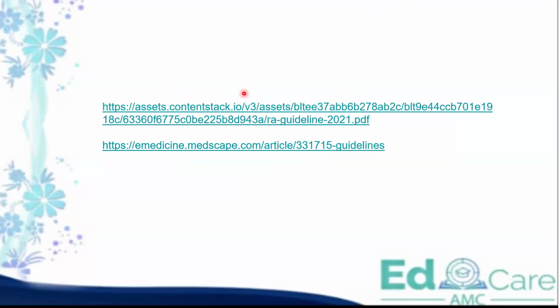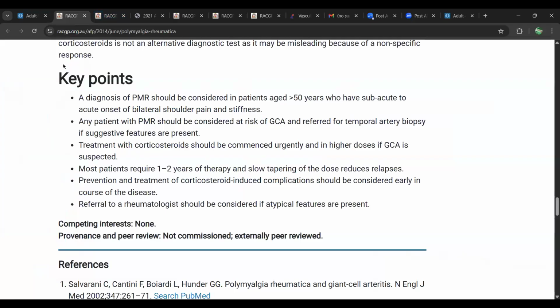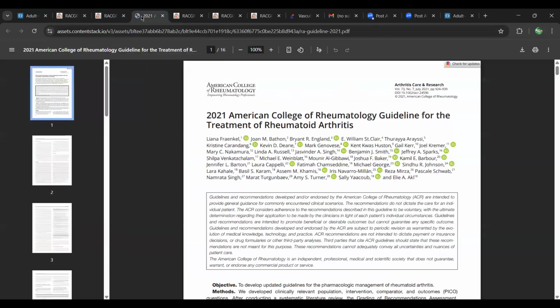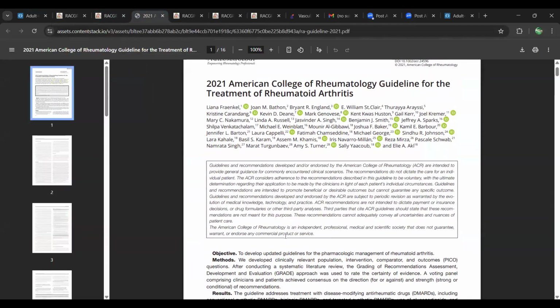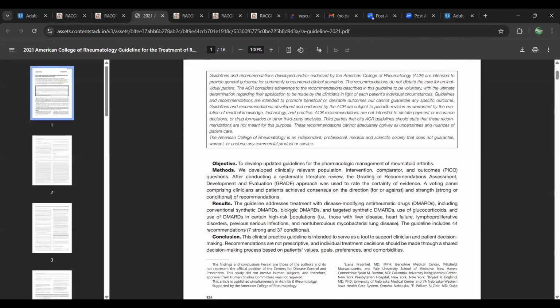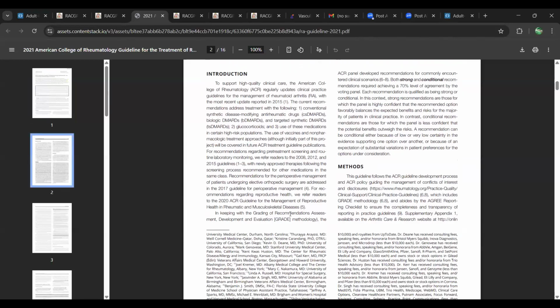So rheumatoid arthritis, actually it's quite a vast guideline. It's on the ACR. You don't have to read that whole thing. I've given everything you need on this. It's a very crowded guideline. So this is the ACR guideline for rheumatoid arthritis, right?